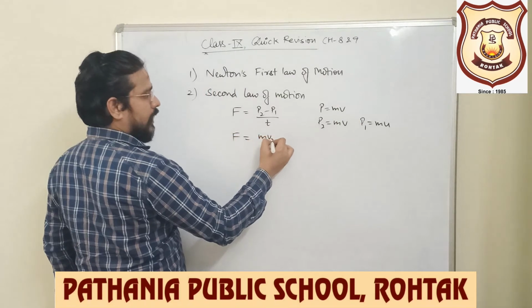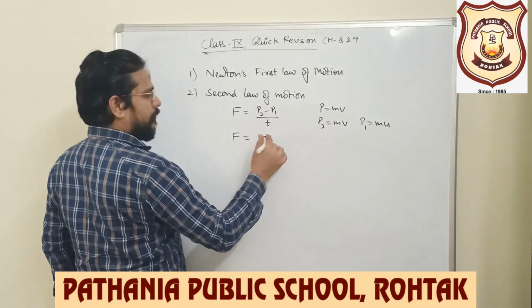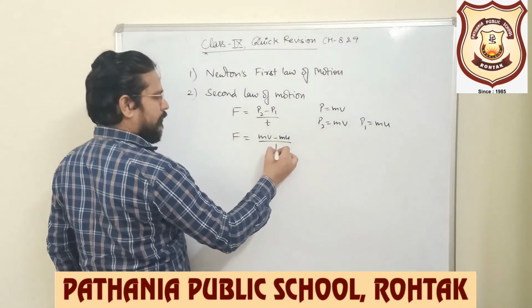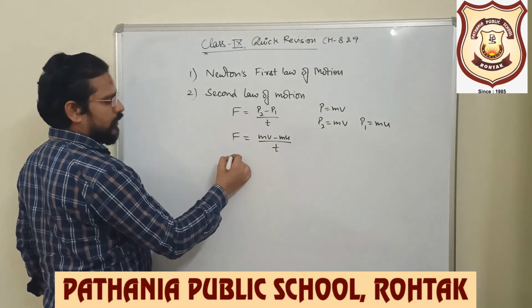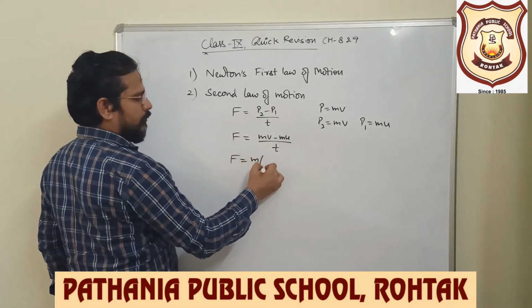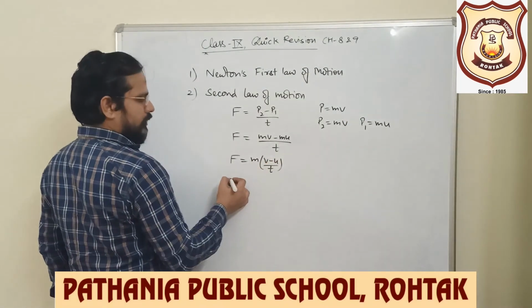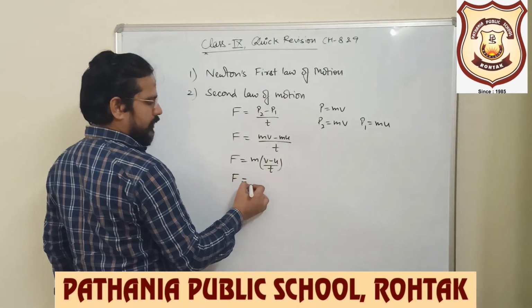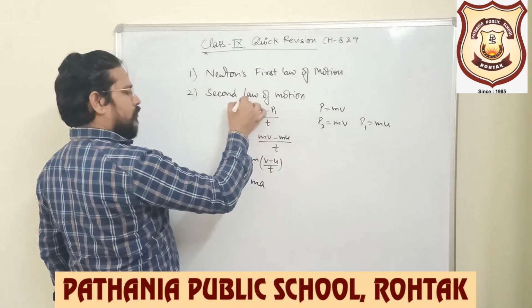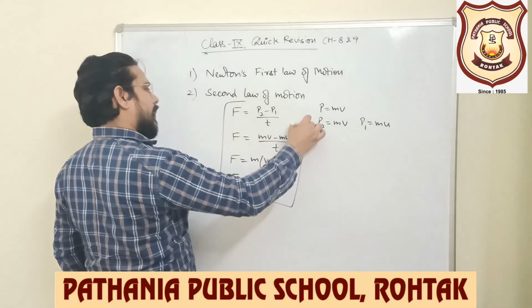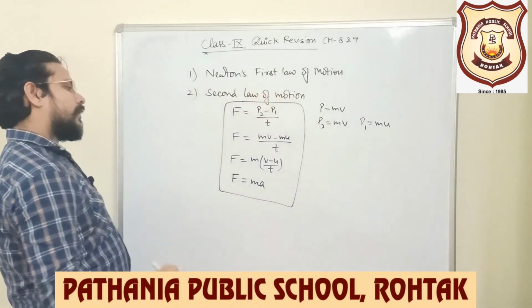So I can write mv minus mu divided by t, that is also equation of second law of motion. Taking m common, v minus u divided by t, and we all know that v minus u by t is a, so F is equal to ma. So all these four relations, any relation can be applied for solving the numericals.